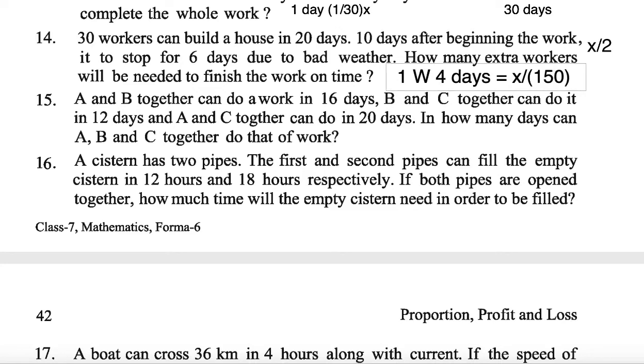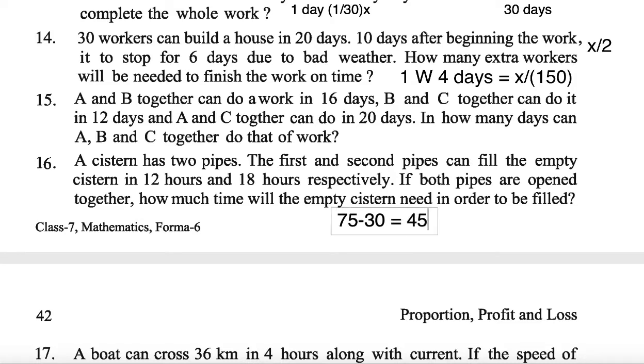Right, 150. So how much portion of the work has to be done? X by 2 only. So x by 2 divided by x by 150 will give you 75. So the total number of workers needed will be 75. But already there are 30 workers, right? So remove 30 workers from here, you'll get 45. So the answer is 45.